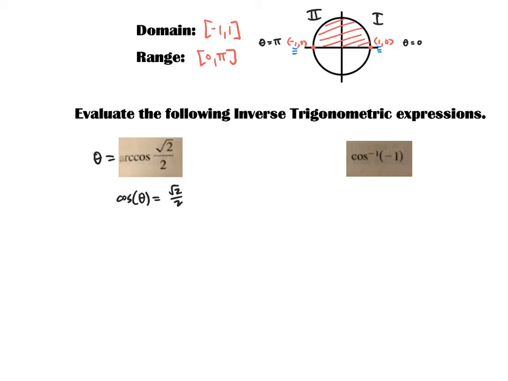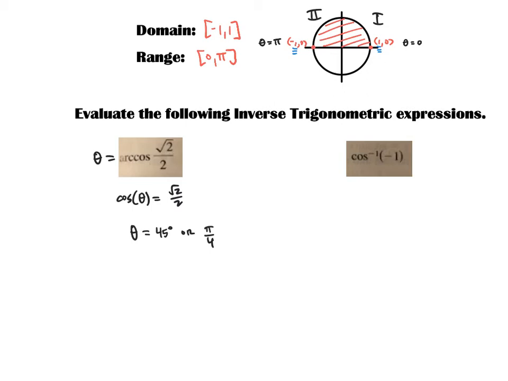And clearly, if you're not familiar with this yet, you're going to see some kind of pi over 4 or 45-degree angle, coterminal angle. Since the cosine is positive here, since it's positive root 2 over 2, it's going to land in quadrant 1. And therefore, theta would equal either 45 degrees, or you could call it pi over 4 radians.